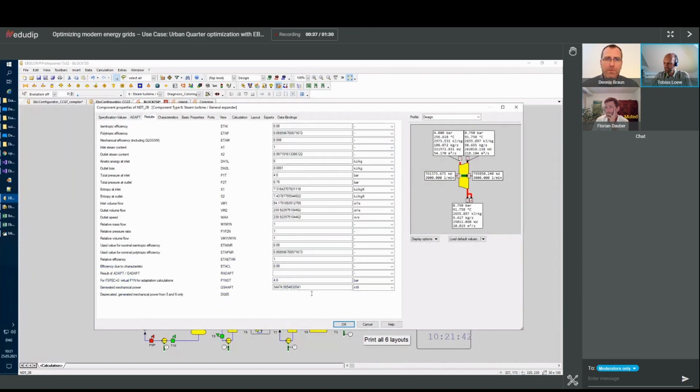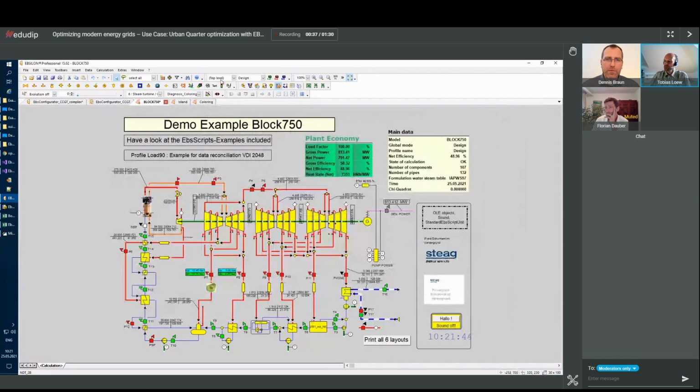Okay, and of course, what else we have is a design mode where you can specify the components and you get a layout of your model, and you can also go into off-design calculations where you drop down the mass flow in this model, and we have characteristic lines for adaptation of the components.